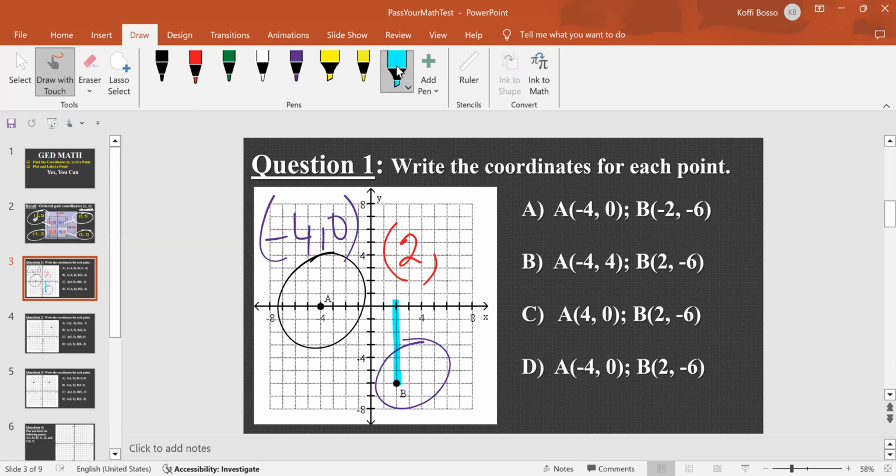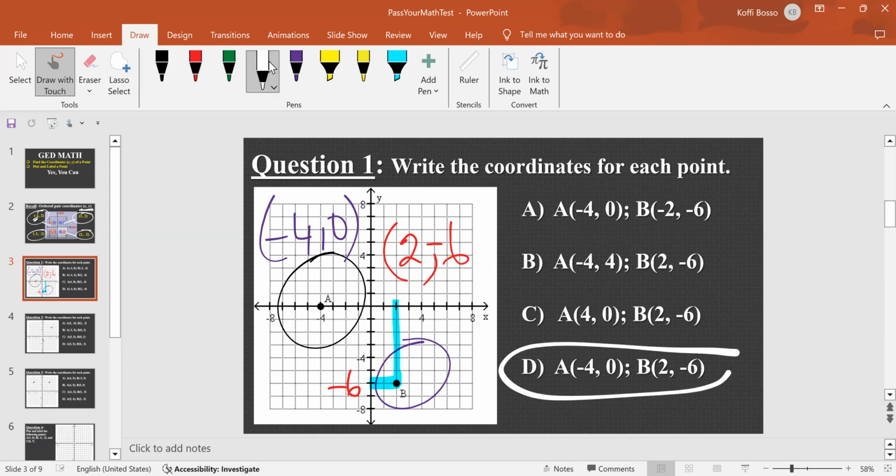And to find the y, we project the point to the y line, the y-axis. And here we have a negative 6. Now, if you check the 4 choices, only the last one is the correct choice: negative 4, 0 and 2, negative 6.